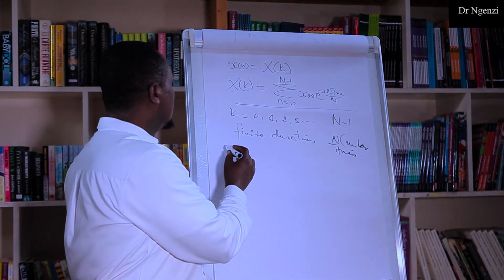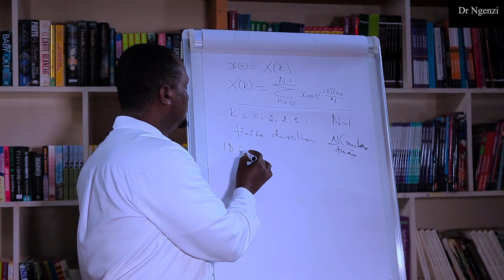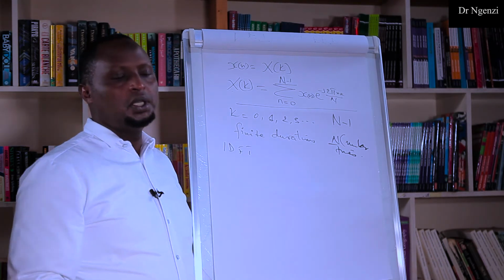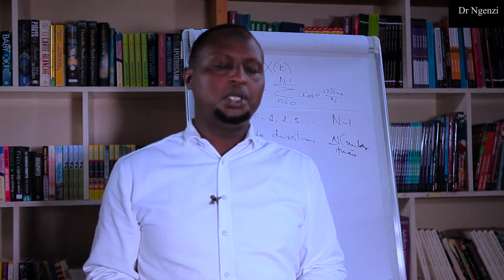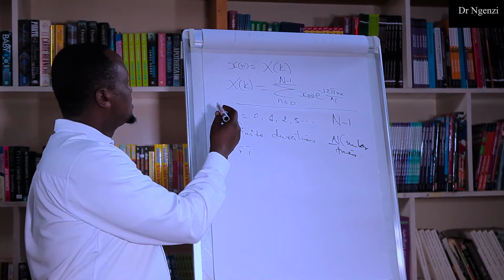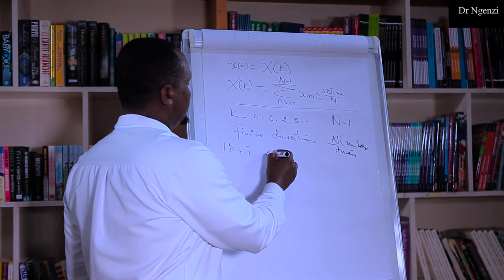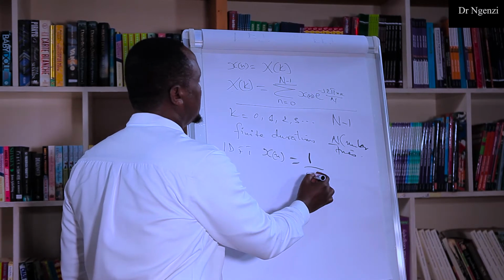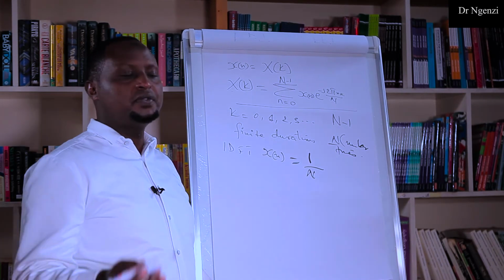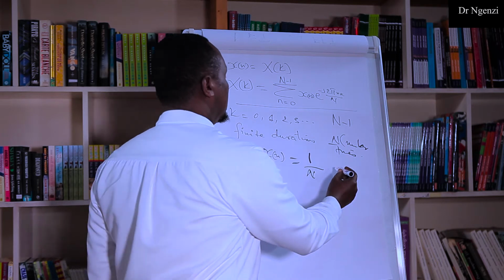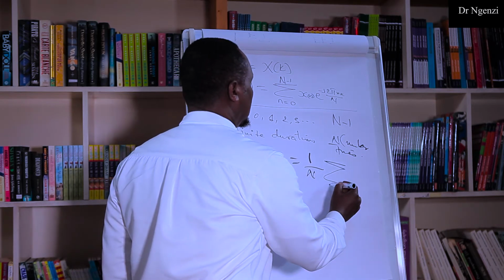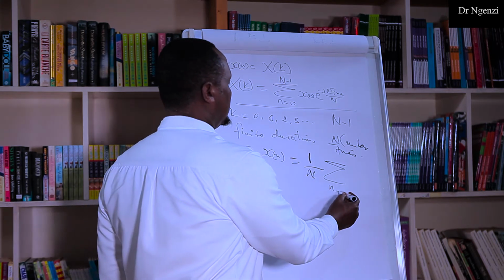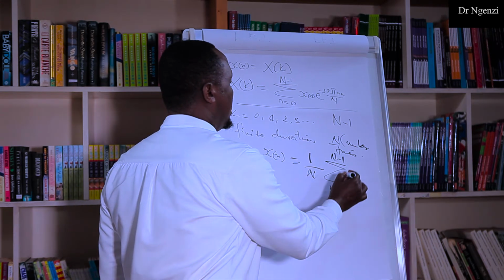Remember, when we are using the IDFT, which is the inverse discrete Fourier transform, it's going to be the other way around. x of n in this case is going to be 1 over N, the inverse of the number of times, and it's going to be the summation over n from 0 to big N minus 1.